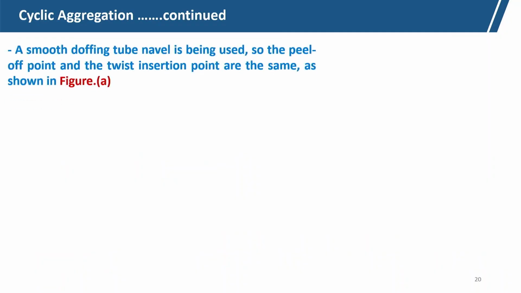A smooth doffing tube nozzle is being used here. So, we are not using the grooved doffing tube nozzle, where it inserts false twist. So, the false twist effect is not considered here.